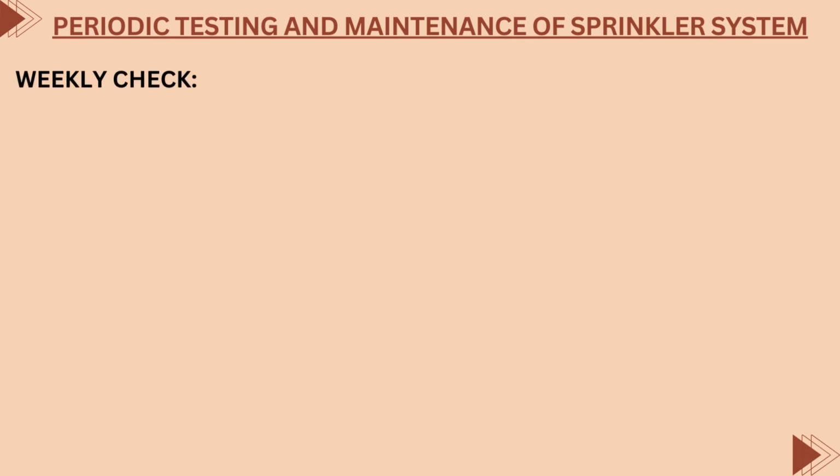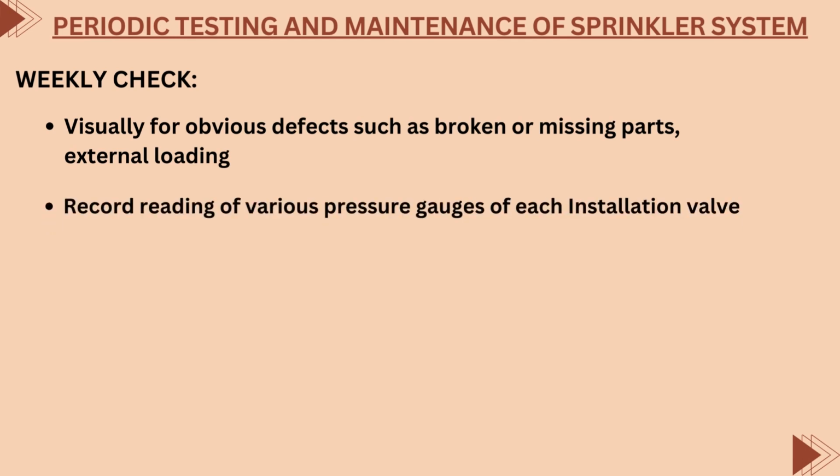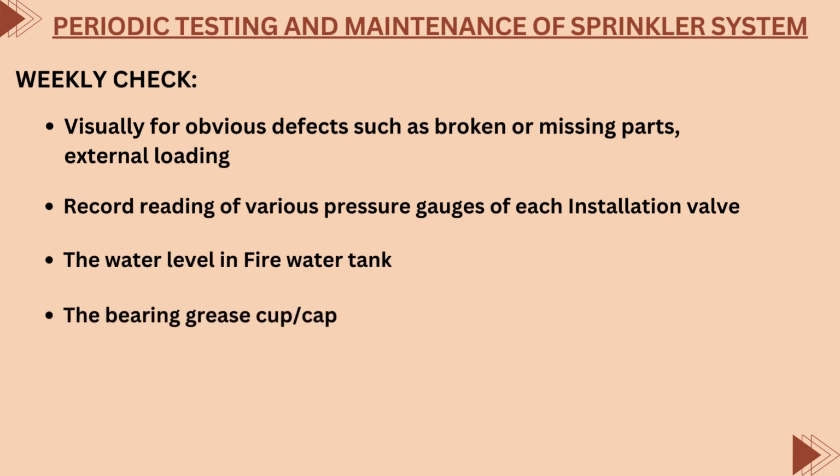Weekly checks include a visual check for obvious defects such as broken or missing parts and external loading, and recording the readings of various pressure gauges of each installation valve. The water level in the fire water tank is to be recorded. The bearing, grease cup and the cap are to be checked and recorded, to see whether they have sufficient grease or need to be refilled.